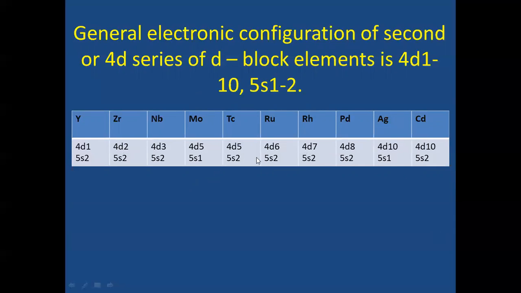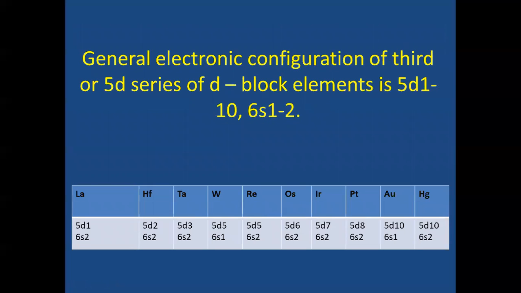In this way we can write. Again, these 2 electrons from the s sublevel can be removed from most of these elements. Therefore, the most common oxidation state of these elements is +2, which is the most common oxidation state for d block elements.